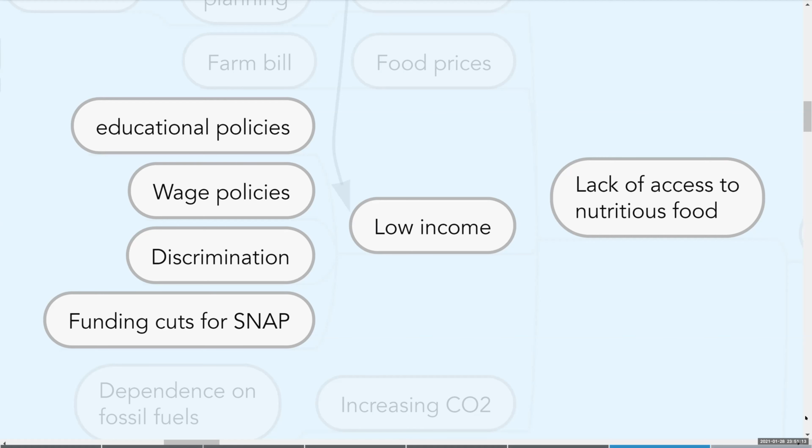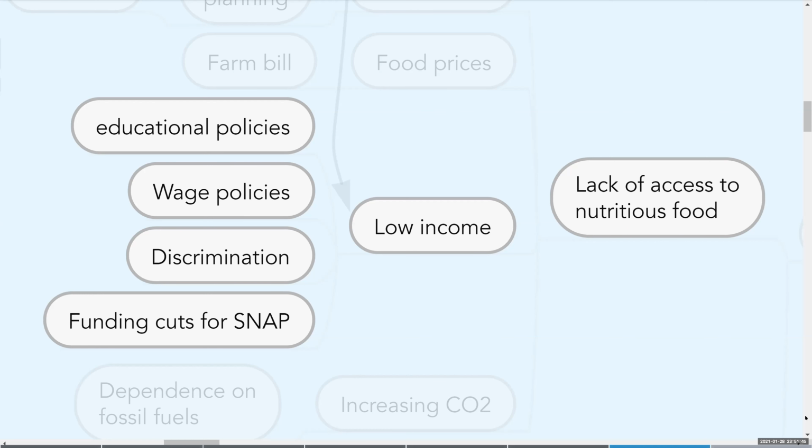Low income because of wage policies, because of minimum wage, because of CEO versus the bottom worker wage, discrimination because they can't get a job, because we know that people with more ethnic sounding names are less likely to get called back even if they have the identical job application as someone with a more Anglo-Saxon type of name.